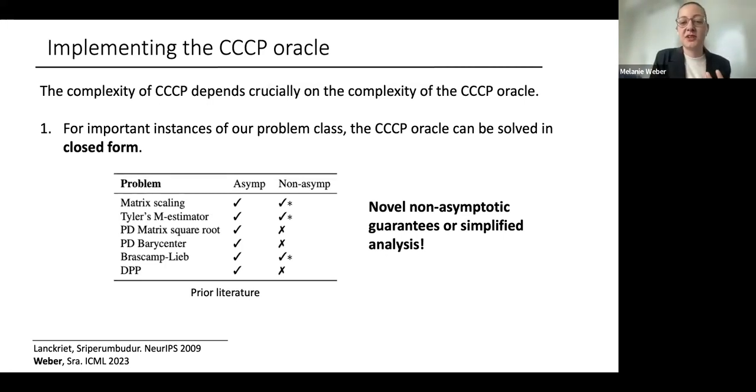Again, we could call a numerical solver to solve that subroutine, which will lead to an approximate solution of the CCCP Oracle. So again, we would need to factor in that approximation error in our convergence analysis.